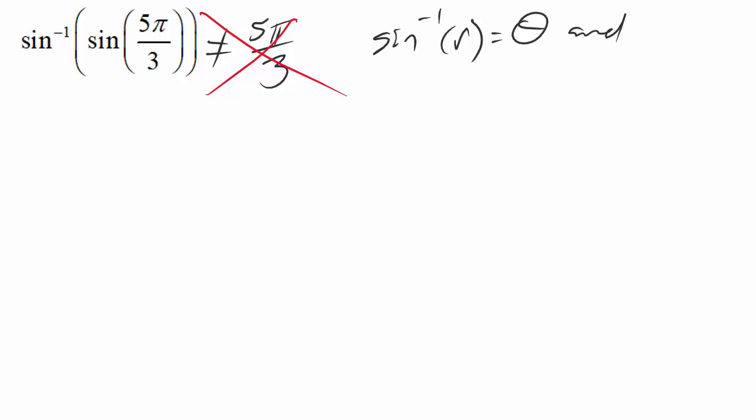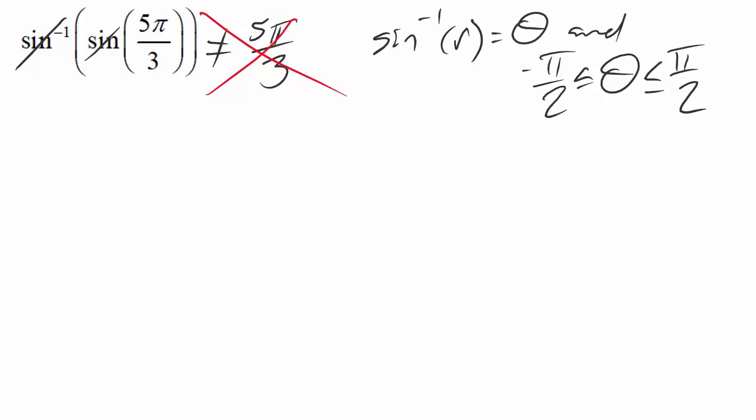And we know that theta has to be between negative pi over 2 and pi over 2. Now, because of that, trying to cancel sine and inverse sine like this wouldn't give us a 5 pi over 3 because that's outside of our acceptable range for the values that we're allowed to get for our answer for inverse sine.